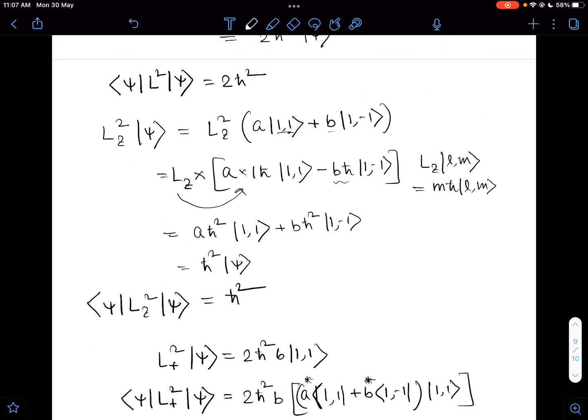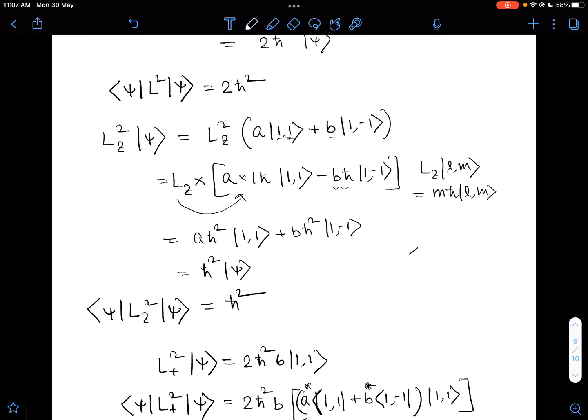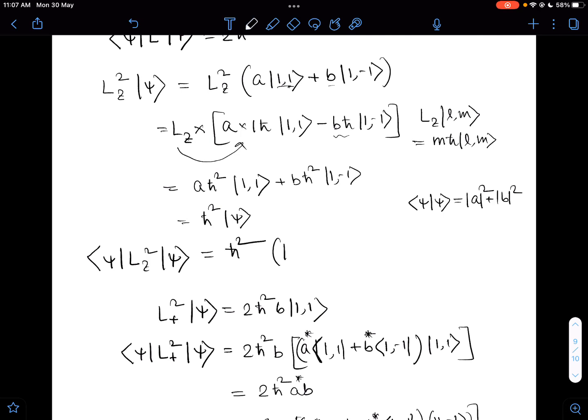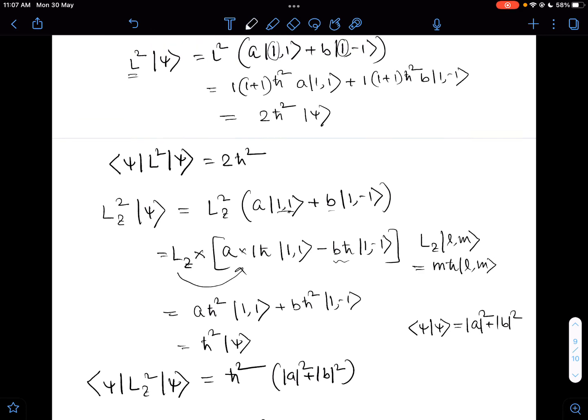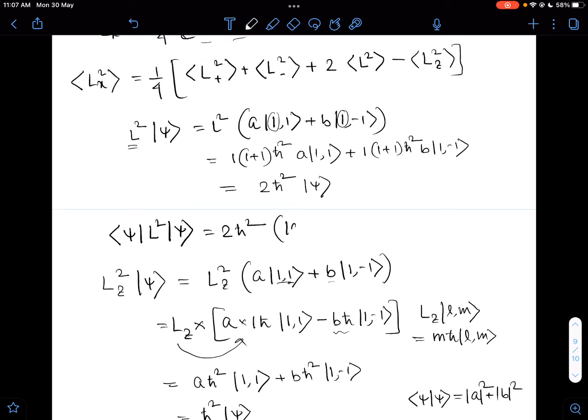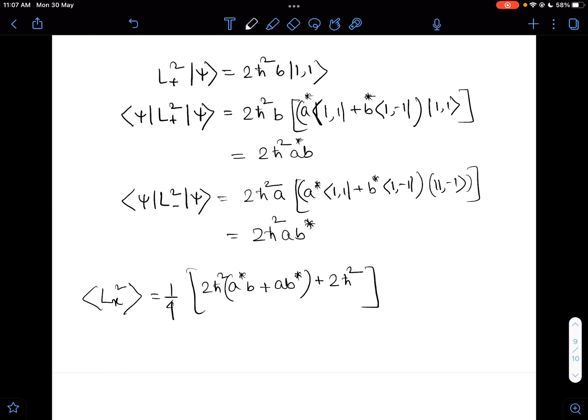Okay, so there is a little mistake. For psi, this is not 1 here. So this is A squared plus B squared. So we have to write here A squared plus B squared, and similarly for L squared also, here it will be A squared plus B squared. So this 2ħ squared will be multiplied by A squared plus B squared.